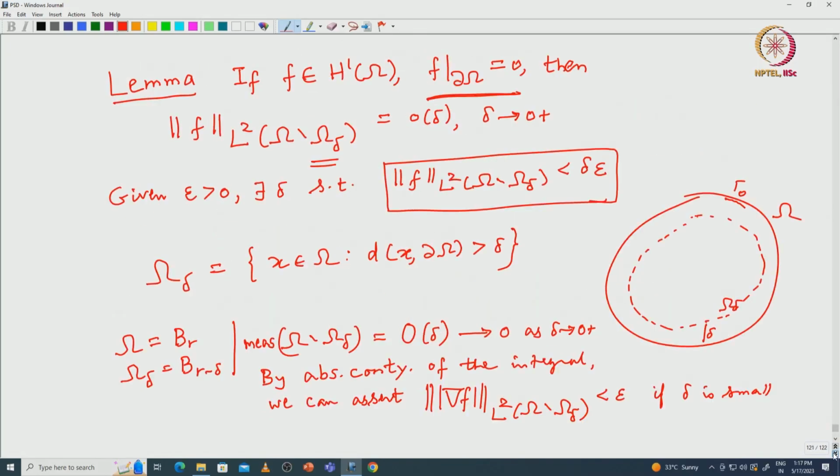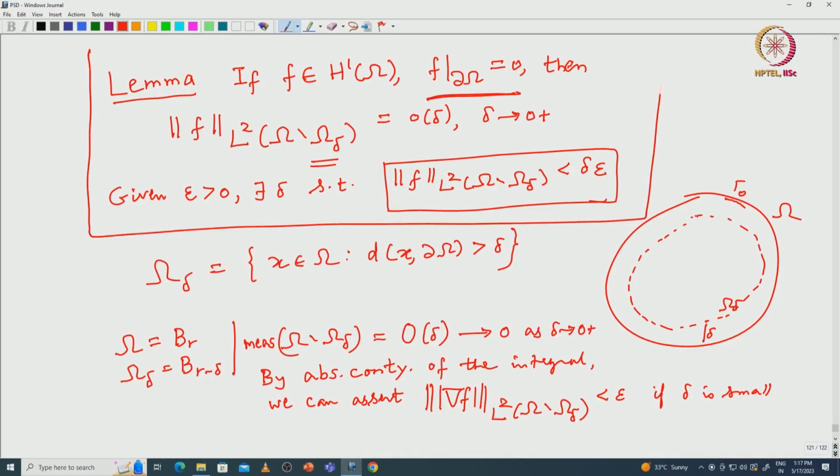Here one is the boundary itself and another one is the boundary of this omega delta. Okay. So, this analysis gives us this important thing. Okay. And now, using this lemma we complete the proof of the theorem.